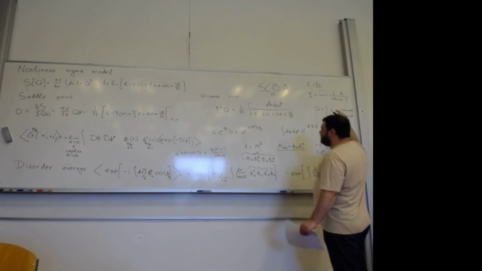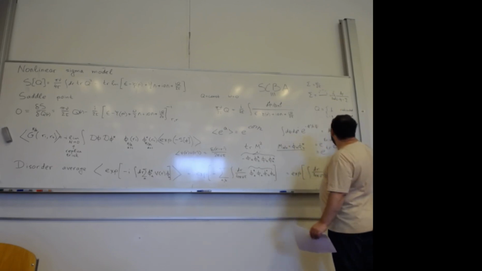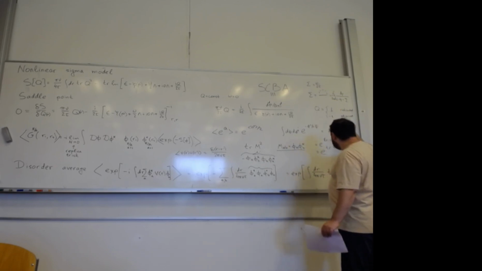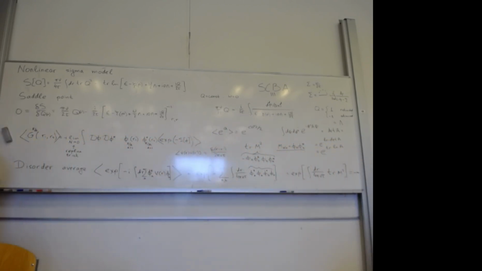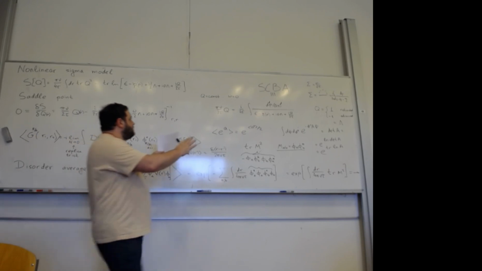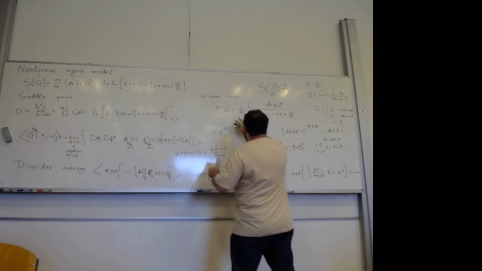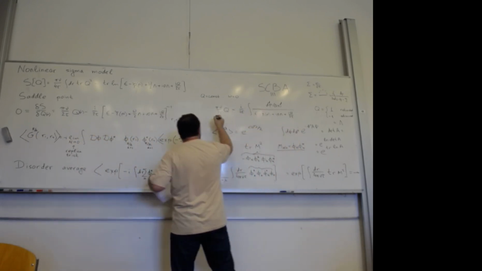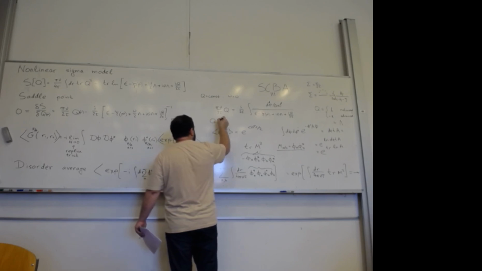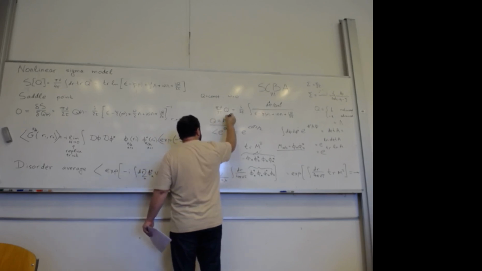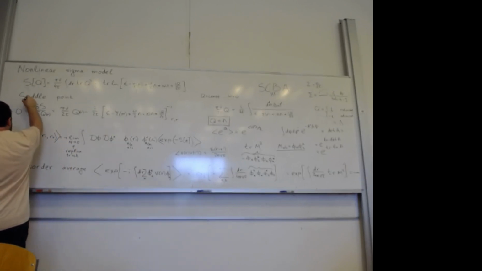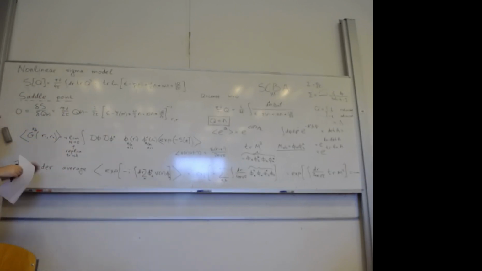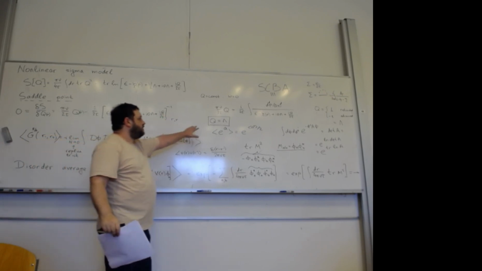Actually, this object here, 1 for retarded and minus 1 for advanced, is called lambda. So this is the equation, and here is the solution. Q equals lambda. This is the saddle point of our action. Our action is minimum when Q equals lambda.